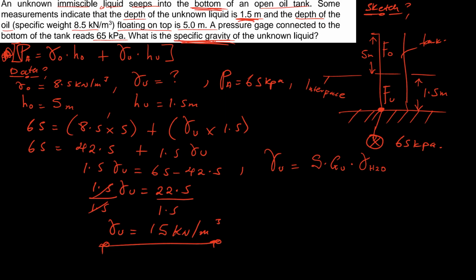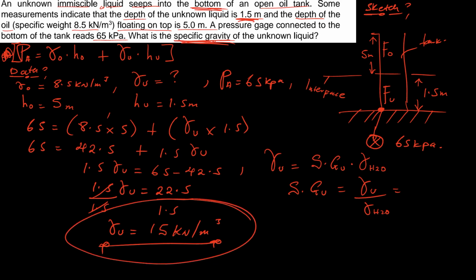Now, with that said, let us make the specific gravity of the unknown the subject of the formula. The specific gravity of the unknown will be equal to the specific weight of the unknown divided by the specific weight of water. And the specific weight of the unknown, we have found it to be 15 kilonewtons per meter cubed.